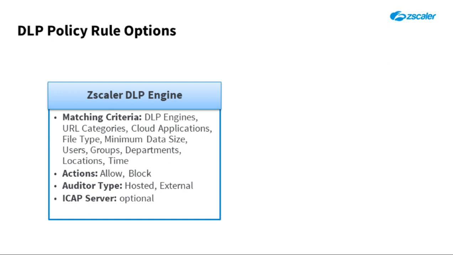The actions available within a rule are to allow or block. You have the ability to set up notifications to either the hosted users or to an external auditor. Plus, you have the option to specify an external ICAP server to send any matching transactions to.